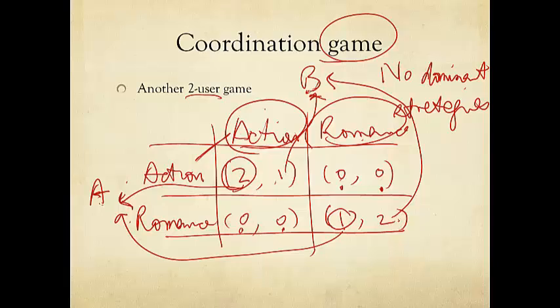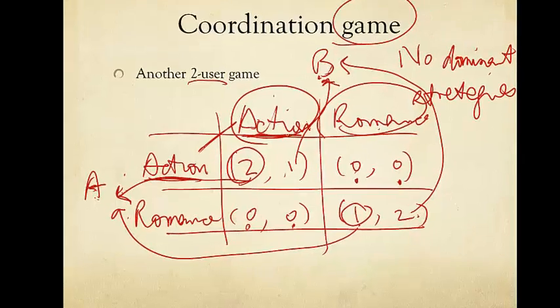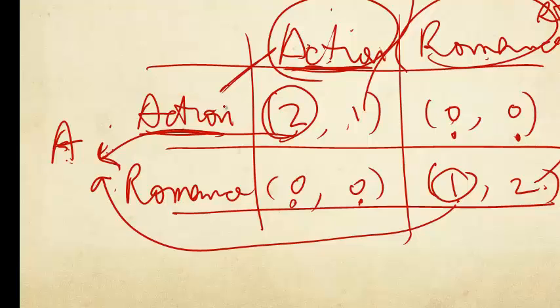However, we see that their best response strategies actually click, they match. What do I mean by they match? Well, if A chooses action, then the best response by B with respect to that is action. Similarly, if B chooses action, then the best response with respect to that for A is also action.